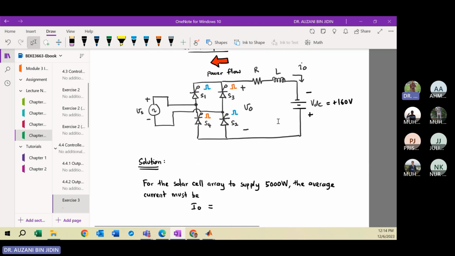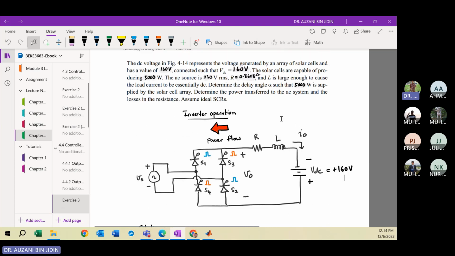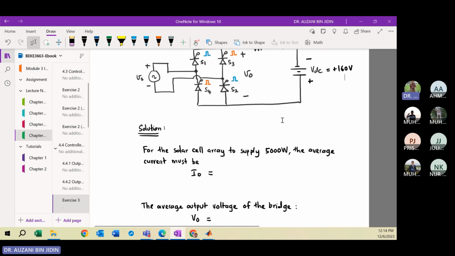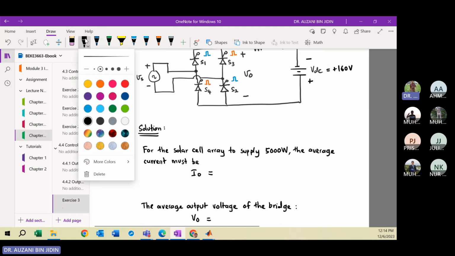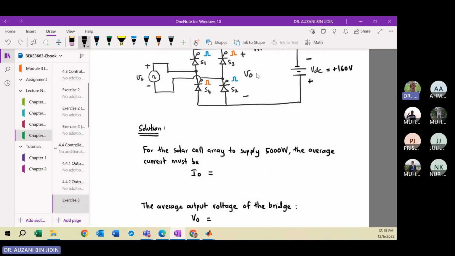So firstly, before you calculate the delay angle, of course, you need to determine the output voltage first. Before that, you need to calculate the output current, which you can calculate based on the information of the power. Remember your PDC, power delivered by the DC source, is the multiplication of VDC and IO.